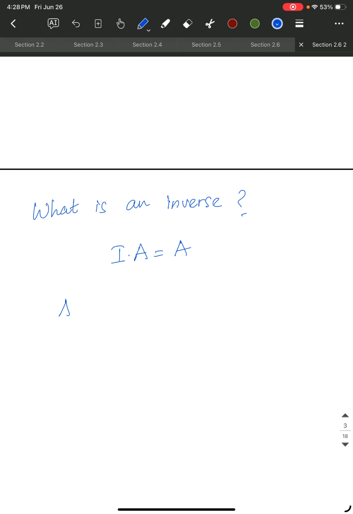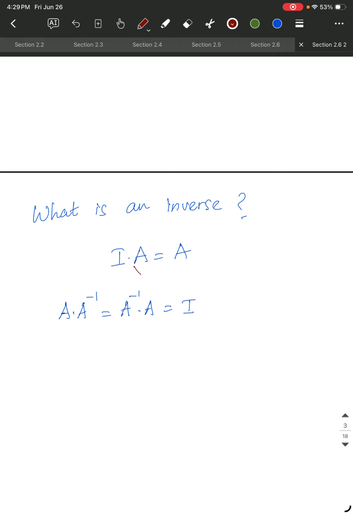So then we can define, let's say matrix A, A times A inverse, or A inverse times A, equals I. A times A inverse equals the identity matrix.